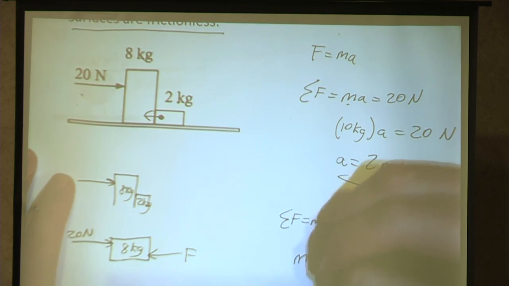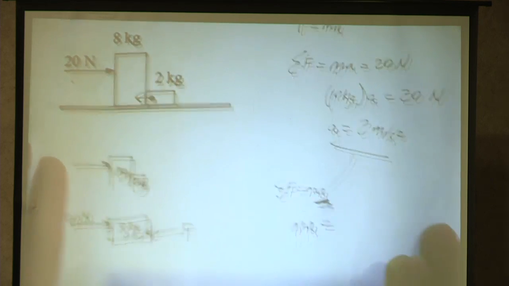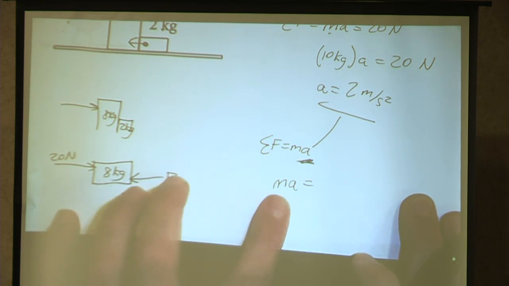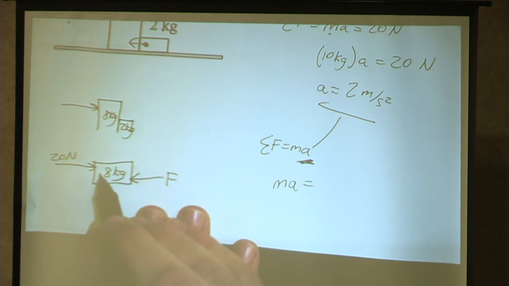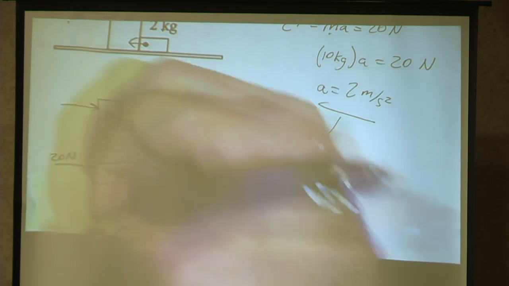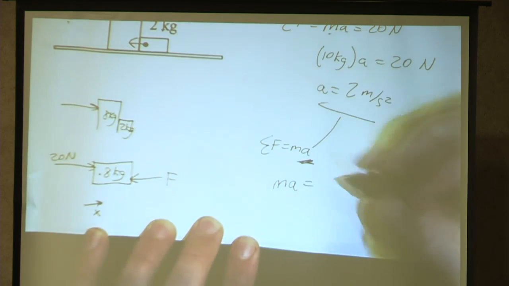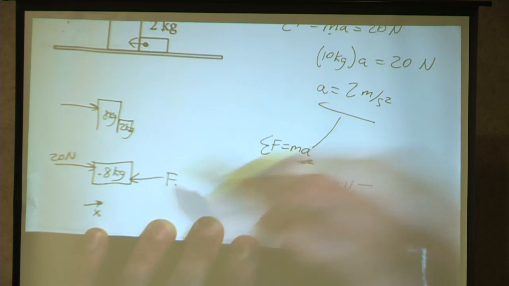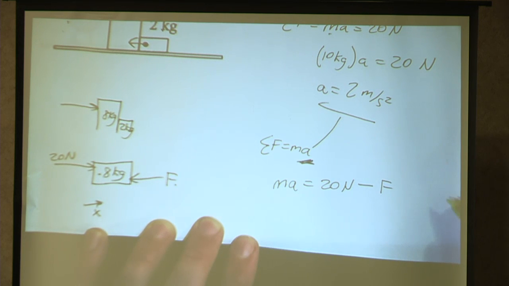So ma is going to be equal to, based on this image right here, 20 newtons going in the positive x direction minus F. Okay?